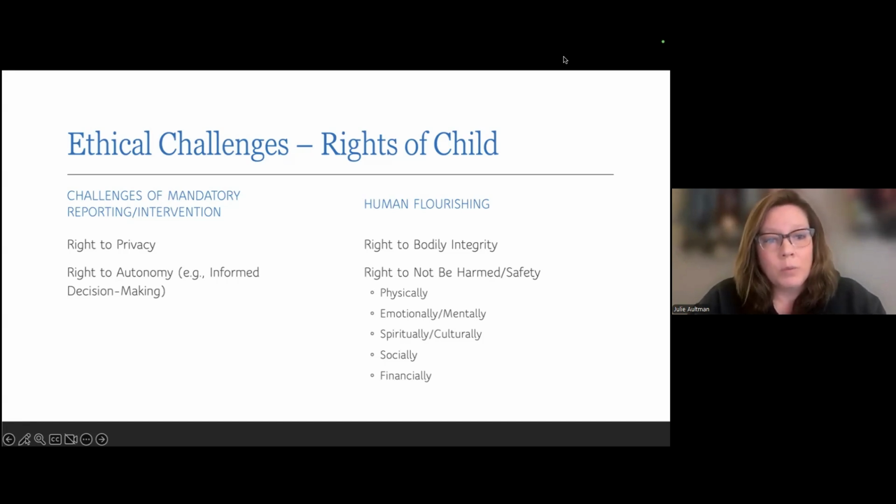And so informed decision making may not be able to go through formal consent processes because of our duty to mandatorily report, but indicating that we will do the best we can to make sure that personal needs and values are met. Some of the best conversations to have when you know a child, for example, may be removed from a home, is to understand what are their goals, what are their values, what are their likes and dislikes.